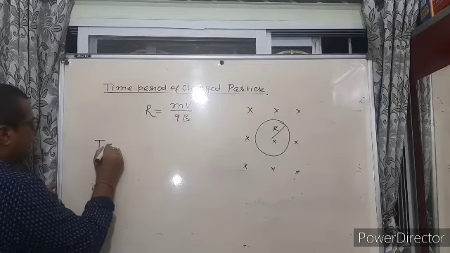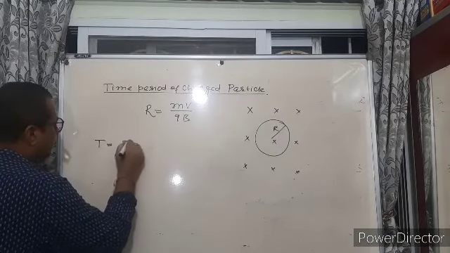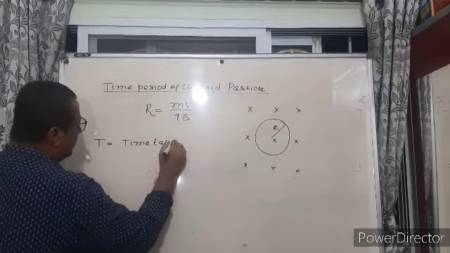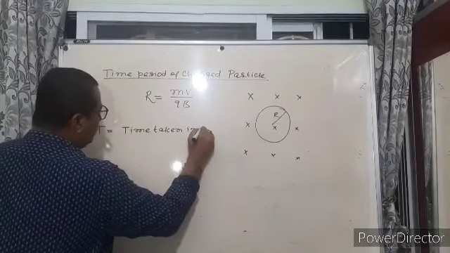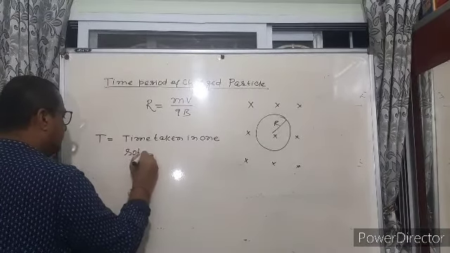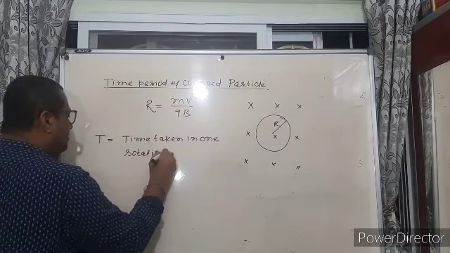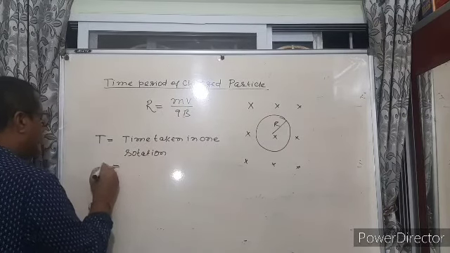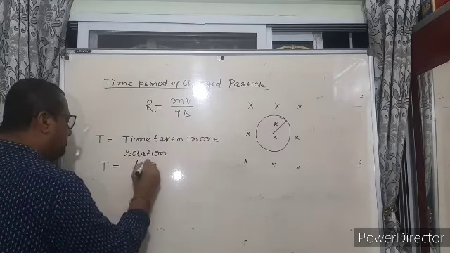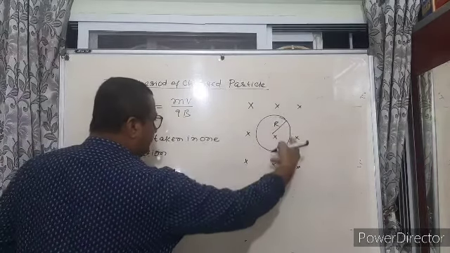Then time period t, time taken in one rotation, is equal to length of circumference once it moves.